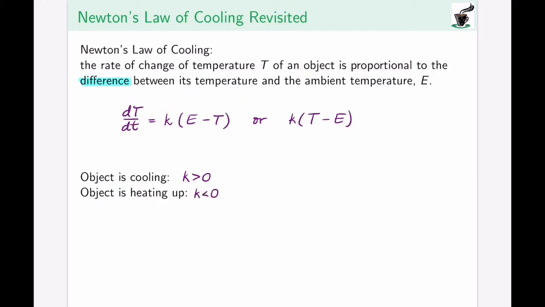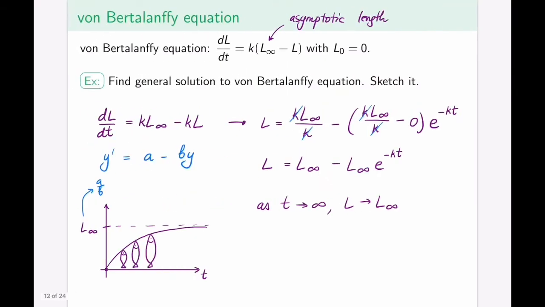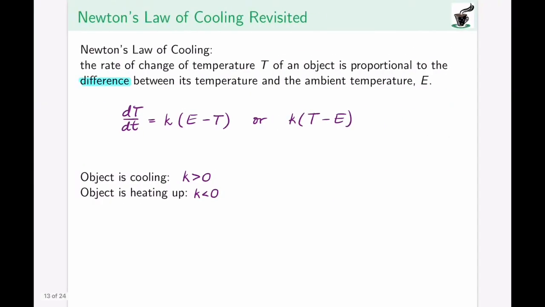So we have here the same exact setup we have just seen with the von Bertalanffy model, where I have a constant k, another constant e, and then my actual object's temperature. So I can open up the brackets and rewrite it to see the a minus by form, or based on our previous analysis here, we know that this constant up in front actually corresponds to the asymptotic or the plateau length.